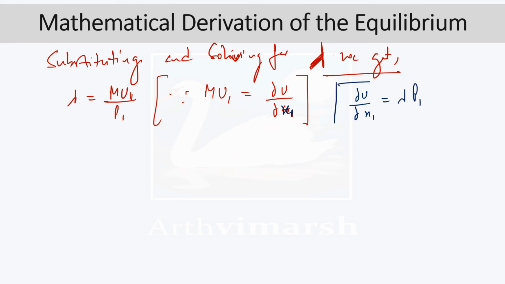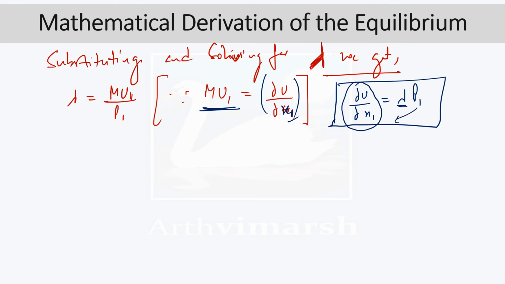This was the expression we had initially, and we said that this is equal to the marginal utility, the ratio of the utility with respect to the change in the commodity. So we are just transposing this p to the denominator, and we get this expression in terms of lambda.